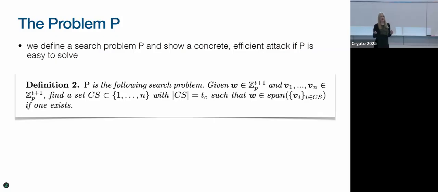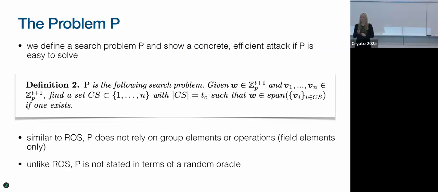So here in the context of threshold signatures, the threshold is t+1, n is the number of parties, CS is the corruption set, and t_c is the maximum allowed corruption threshold. Now, you'll notice that similar to the ROS problem, P doesn't rely on group elements or operations and just relies on field elements alone. But unlike ROS, P is also not stated in terms of a random oracle.